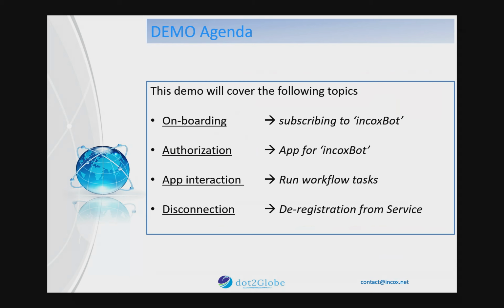This authorization part talks about authorizing your SaaS apps for the bot. Then we run interactions, or we showcase the workflows that we discussed, and how different actions you can perform. And finally, we will talk about how easy it is to deregister from the service. My colleague Partha will show you the demo.